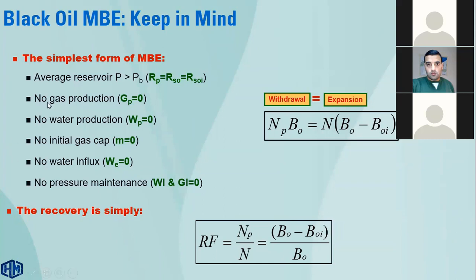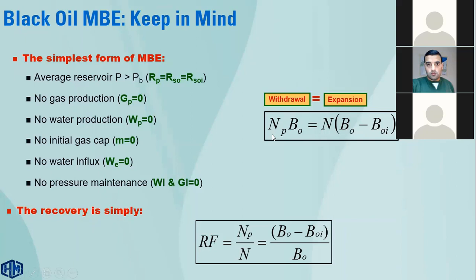Second, if we have no gas production, so Gp equals 0, Wp equals 0 for no water production, no initial gas cap, so M equals 0. M is the ratio of gas cap to oil zone volume. If we have no water influx, so We equals 0.